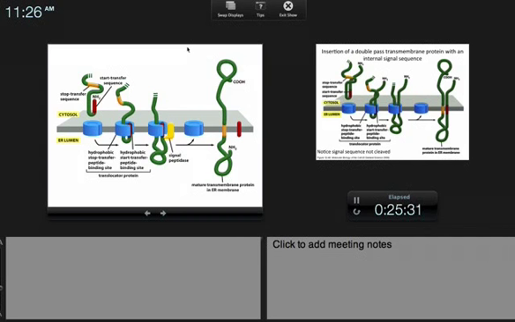Yeah? I think I got confused with the difference between the signal sequence and the transmembrane domain. Is it the same thing? Sometimes. So a signal sequence, when it's most N-terminal, is usually going to be cleaved. It's really about targeting your protein to the ER. But sometimes you might have these internal signal sequences that also act as a transmembrane domain.